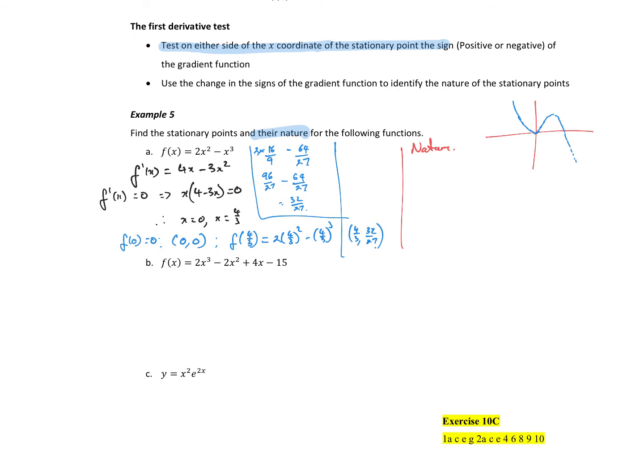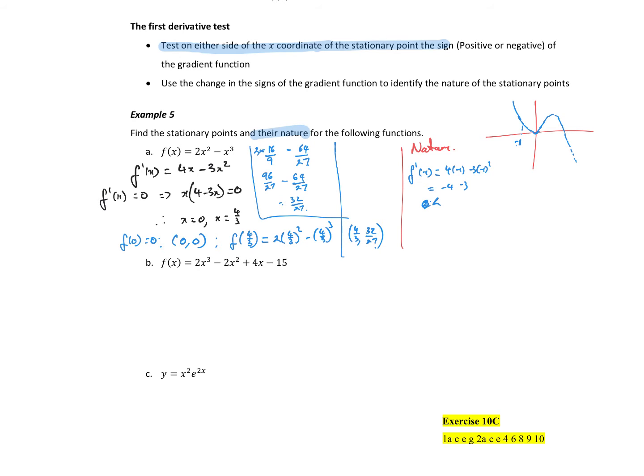If I pick a value just left, say -1, f dashed of -1 is equal to 4 times -1 minus 3 times (-1) squared, which is -4 minus 3, which is less than 0.